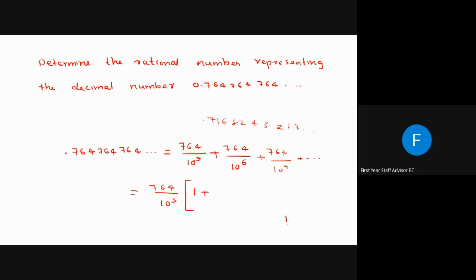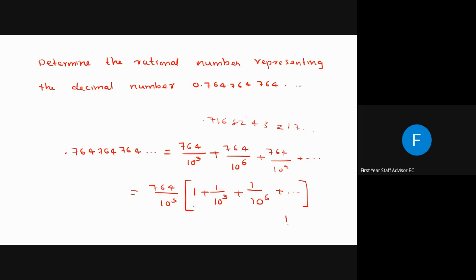After taking 764 divided by 10 raised to 3 outside, the remaining is 1, then 1 by 10 raised to 3. From here, you take outside 764 divided by 10 raised to 3. That means 1 by 10 raised to 6 plus, etc. Here, what is R?